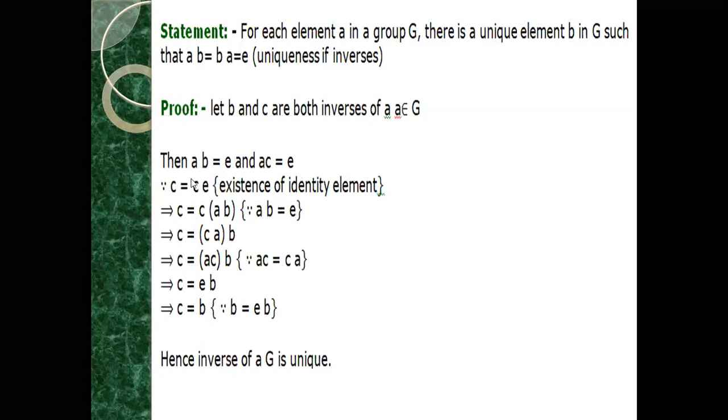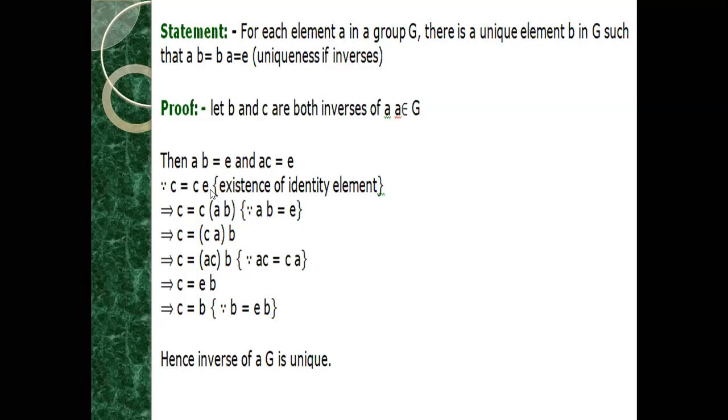Okay, so AB is equal to E and AC is equal to E. So here we consider C is equal to CE by the identity element, existence of the identity element. So for C we consider the identity element. What is the identity element for A?